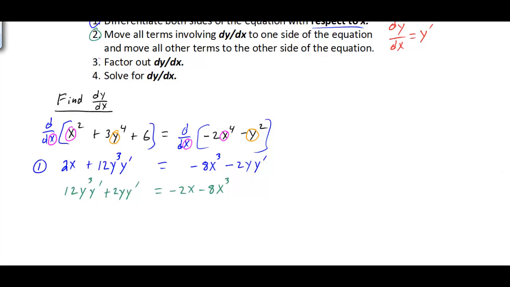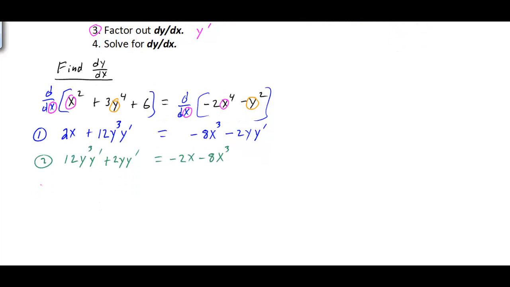And then for step number 3, we want to factor out the dy dx, which would be our y prime. That's the reason we want to get the y primes on one side of the equation in step number 2, so that for step number 3, we can actually factor out the y prime. So we'll be left with 12y cubed plus 2y.